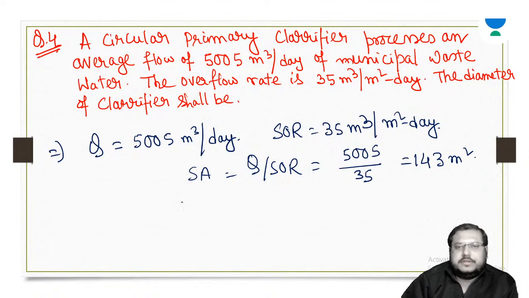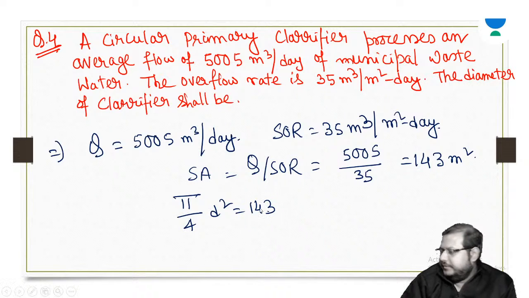As it is circular, the cross sectional area is pi by 4 d square, which is 143.